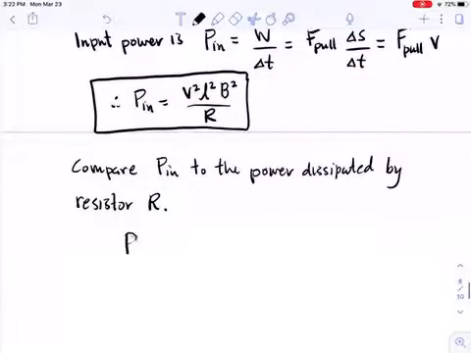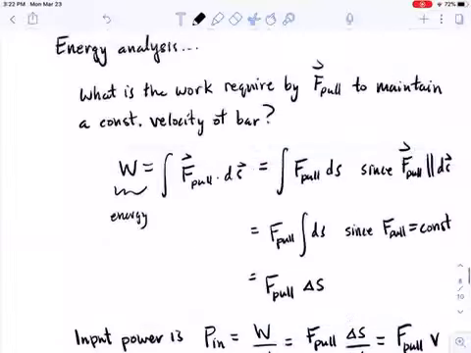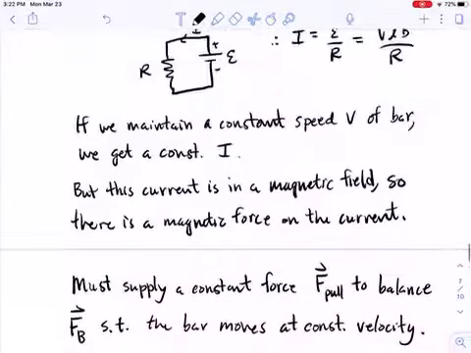So the power dissipated by a resistor, one of the ways we could calculate that was I squared times R. But the current I, if we go back, that's something we calculated.